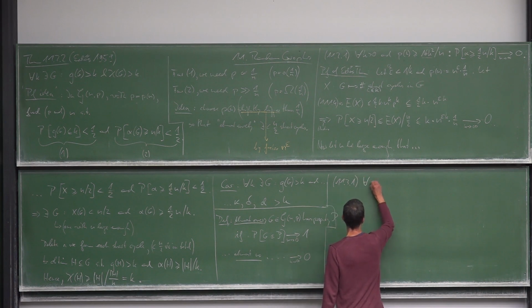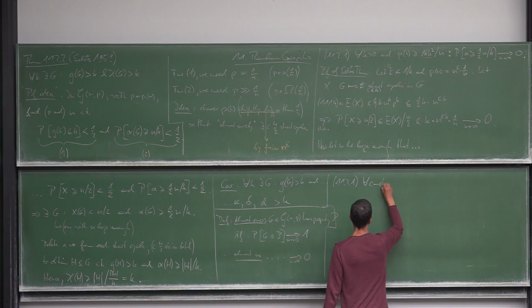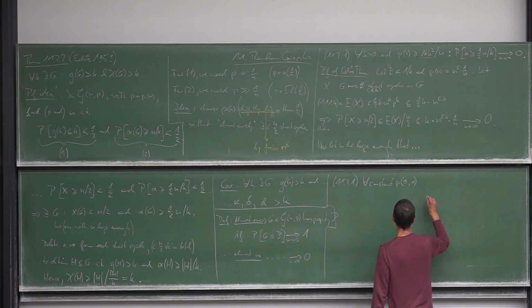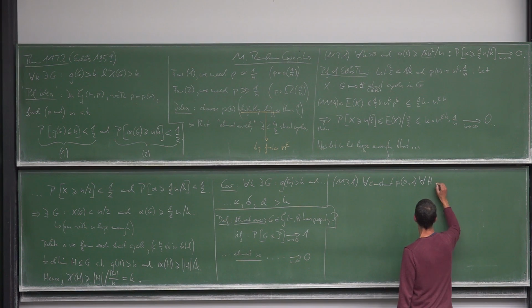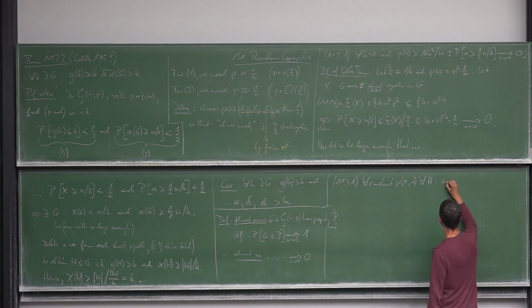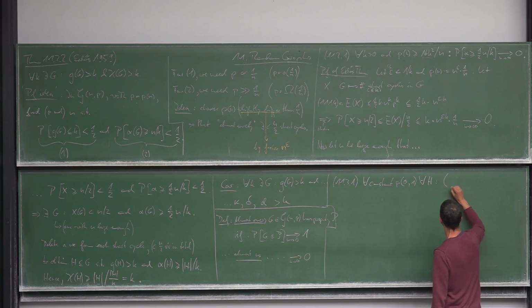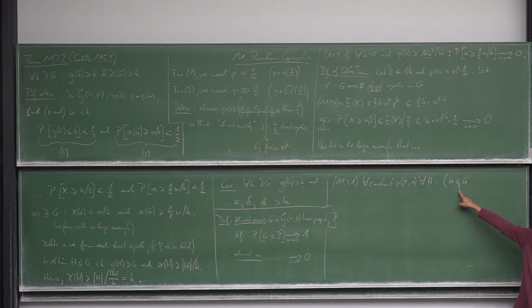For every constant, that's important now, p that is neither 0 nor 1, and for every fixed graph H, almost every, or no, let me just write H is a subgraph of G, and this now is the usual subgraph. So an isomorphic copy of H is a subgraph of G.